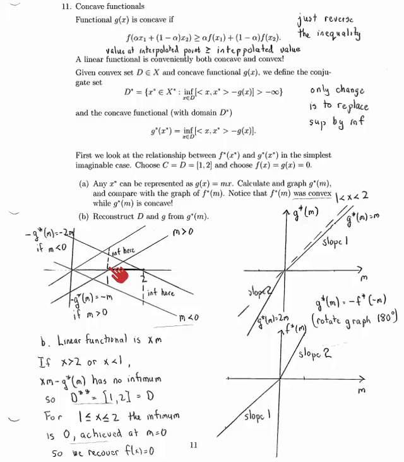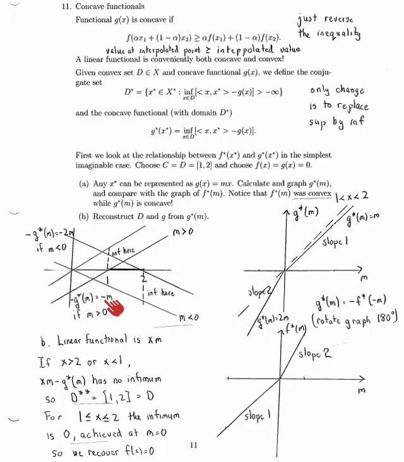There's the value of the infimum. Another way of calculating exactly the same value is by sliding this line down from above until it just touches the graph of the functional g on the domain, and then the intercept is minus g star of m.